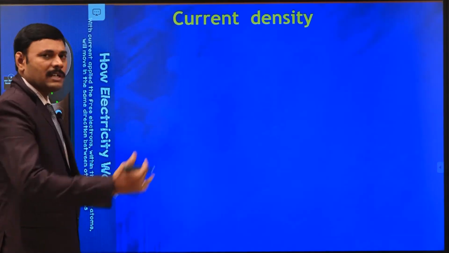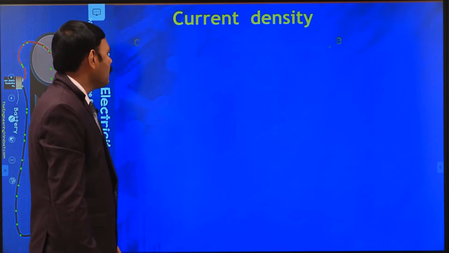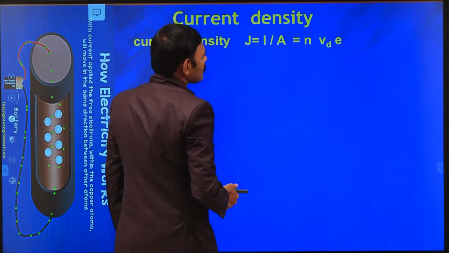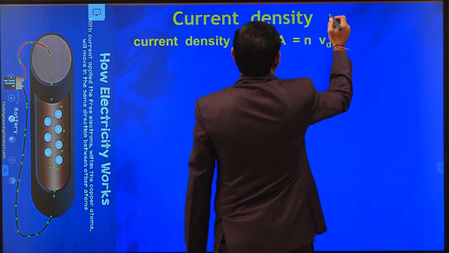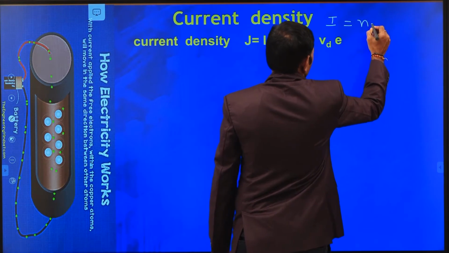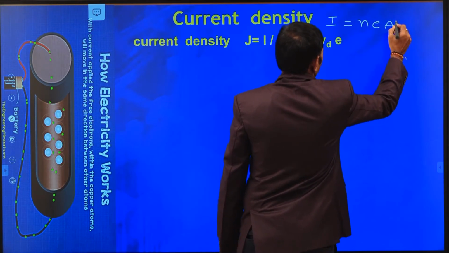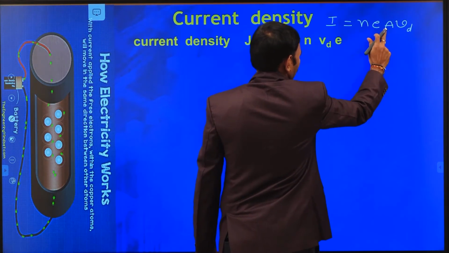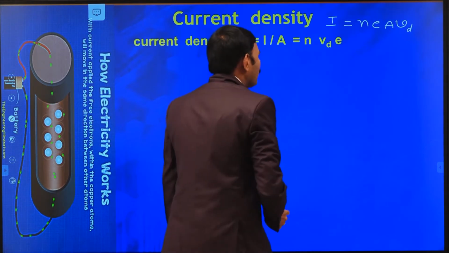Next, we extend this relation to current density. Current density is the current per unit area, as we defined. Already we have the formula I is equal to n e A Vd, where n is the number of electrons per unit volume, e is the charge of the electron, A is the area of cross section, and Vd is the drift velocity.